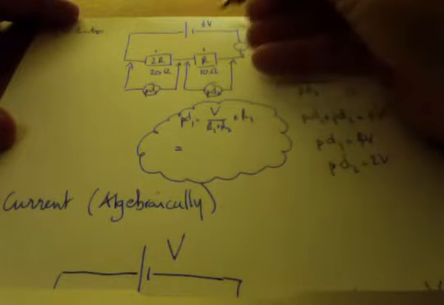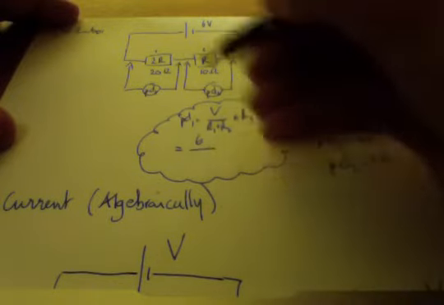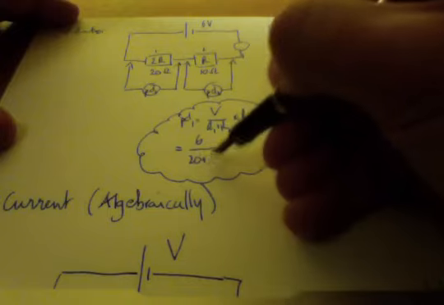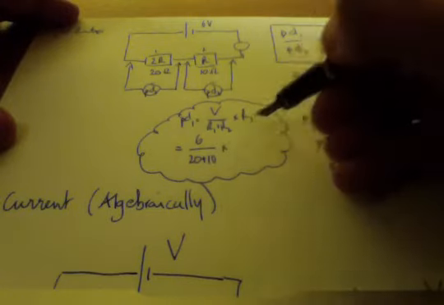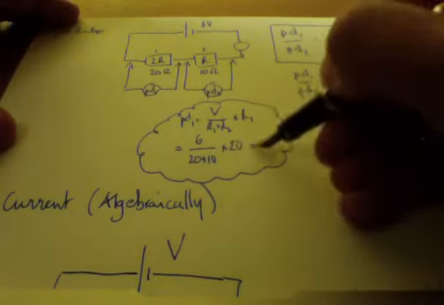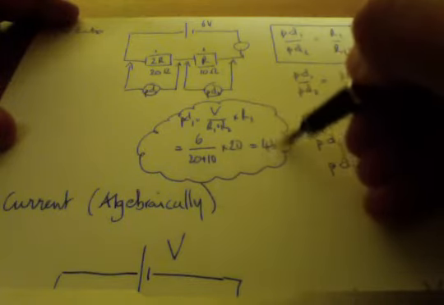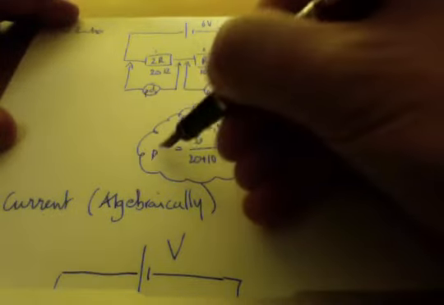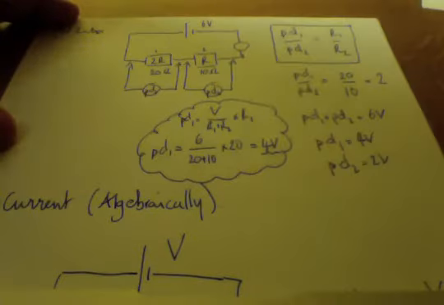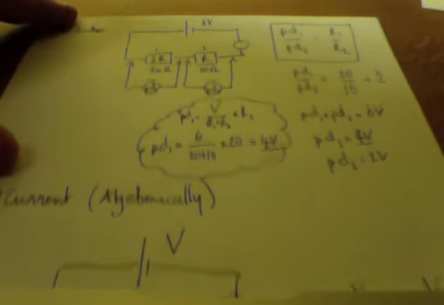Let's see. 6 volts in over 20 plus 10 times 20, giving us, actually that's 30 over 30, 2/3 of 6, 4 volts. Don't believe me? Try it for yourself. Which is exactly what it is, 4 volts. Good.